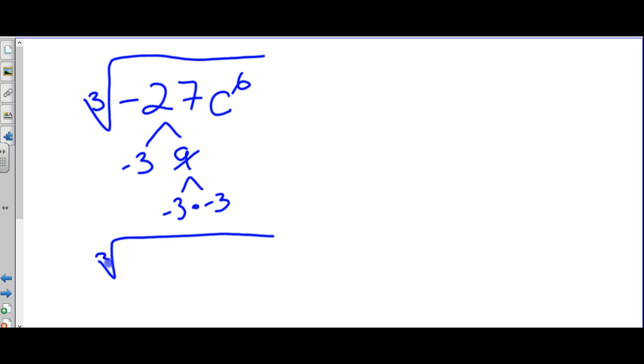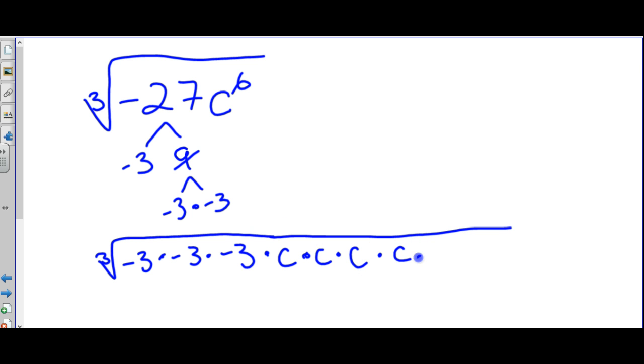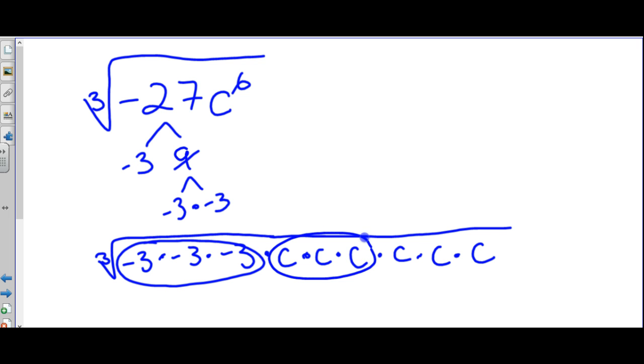So now we would say, okay, the cube root is negative 3 times negative 3 times negative 3. C to the 6th really means C times C times C times C times C times C. And since it's the third root, we are looking for groups of 3. So within that group of 3, all but one of them will just be canceled out.